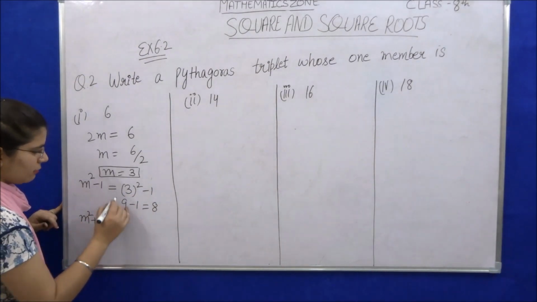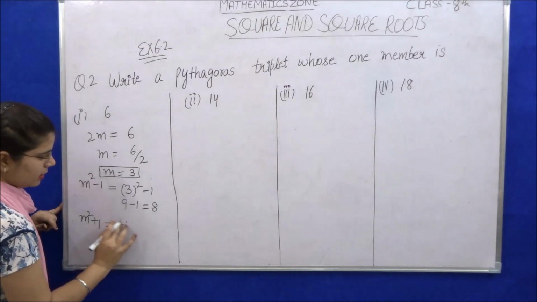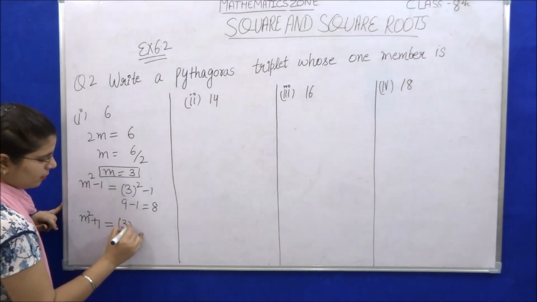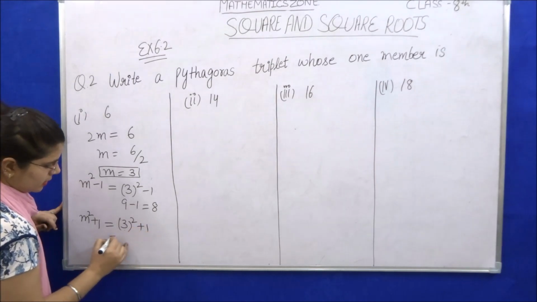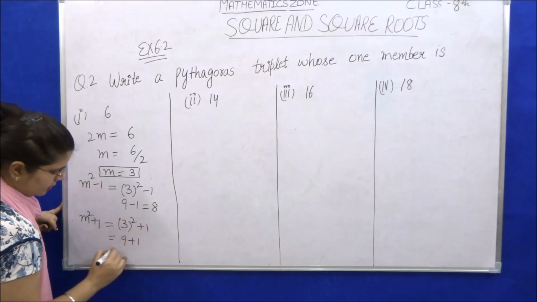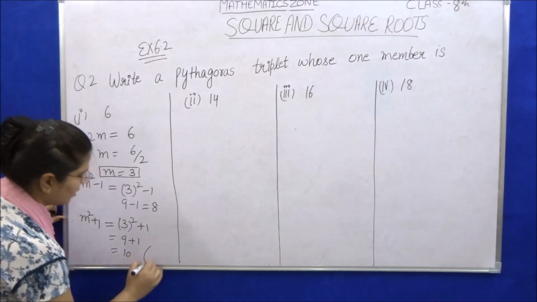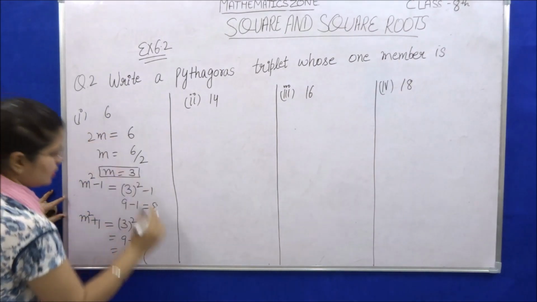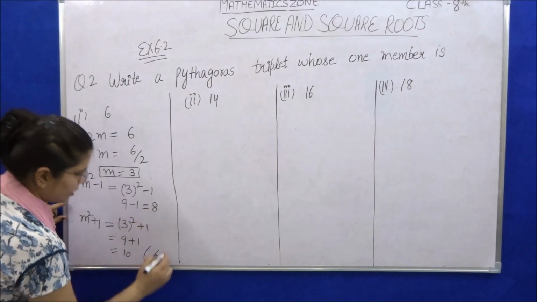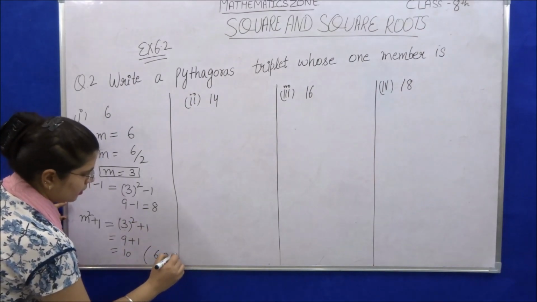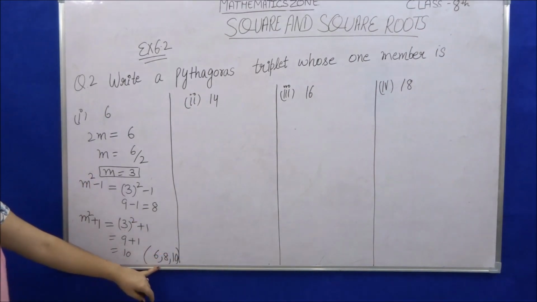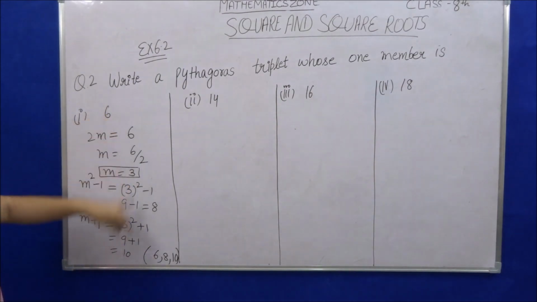M square plus 1 will be 3 square plus 1, that will be 9 plus 1, that is 10. So our three numbers are 6, 8 and 10. So these are the Pythagoras triplet.